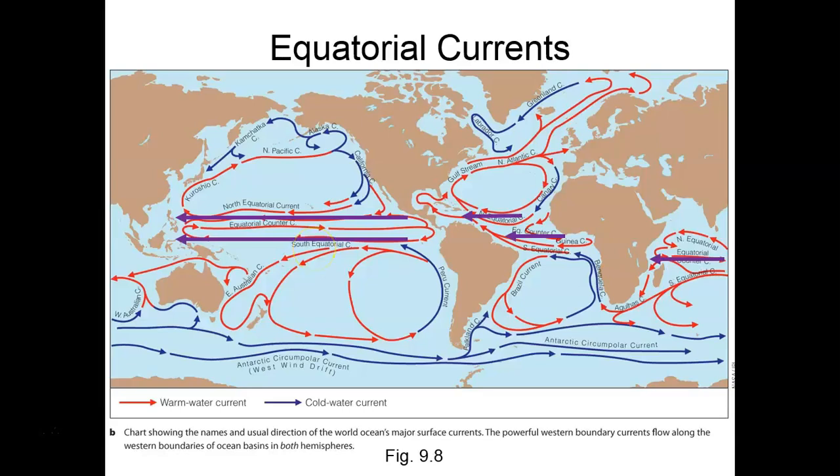Remember that the trade winds come from the east and blow towards the west, so that creates currents that run along the equator from the east towards the west. You see the North Pacific equatorial current, and we have an equatorial current in the South Pacific, the North Atlantic, the South Atlantic, and the Indian Ocean.